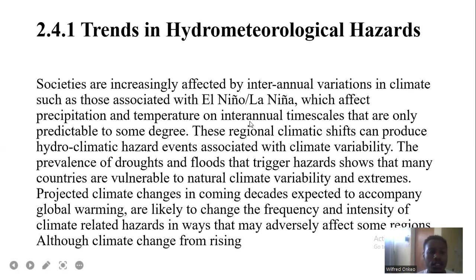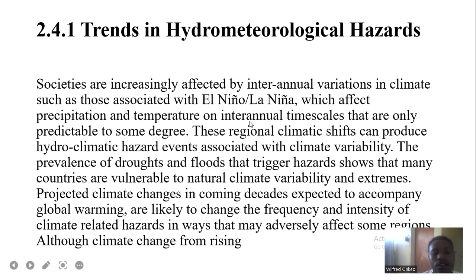We can also go to the trends in hydrometeorological hazards. Societies are increasingly affected by interannual variation in climate, such as those associated with El Nino and La Nina, which affect precipitation and temperature on an interannual time scale that is only predictable to some degree. This regional climatic shift can produce hydroclimatic hazards, events associated with climatic variability.